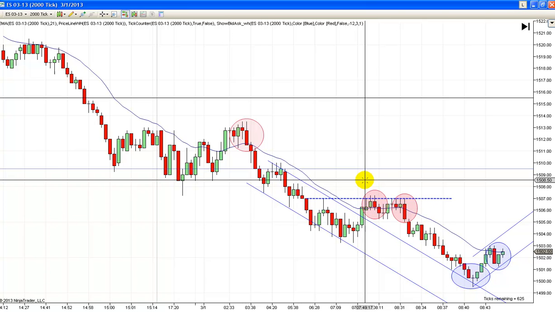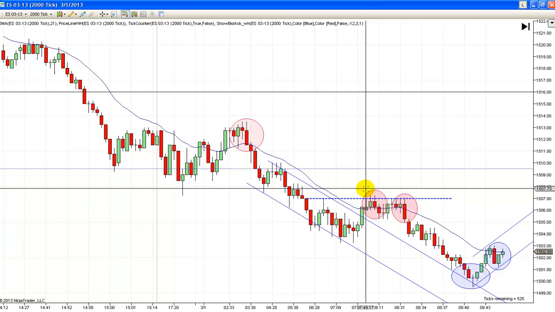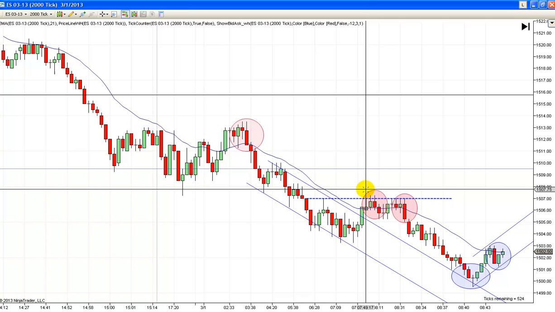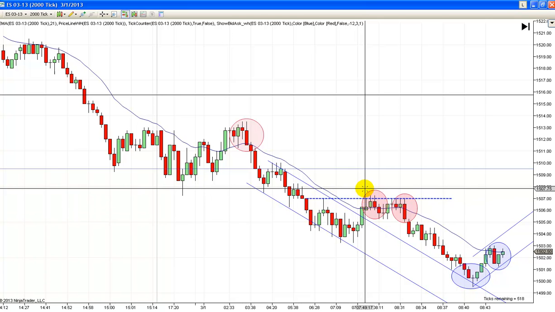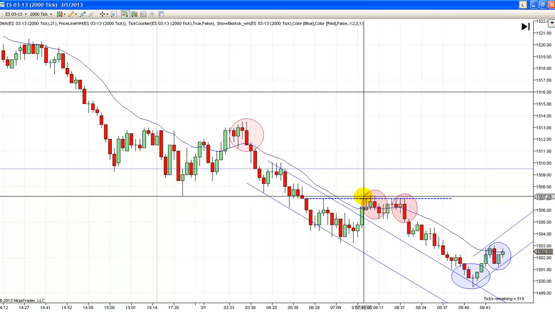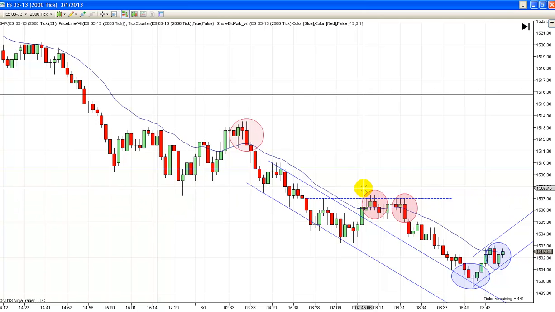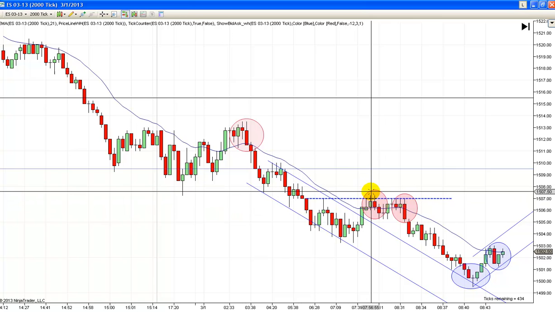So if we use a 2-point stop, that's where your 2-point stop would go, 2 ticks above. So this trade, actually that's 1 tick, so that just fits. Hang on, something's not right there. So yeah, our stop would go right there. That gets you 1 tick above that bar.